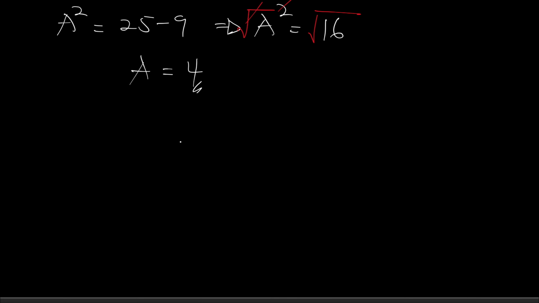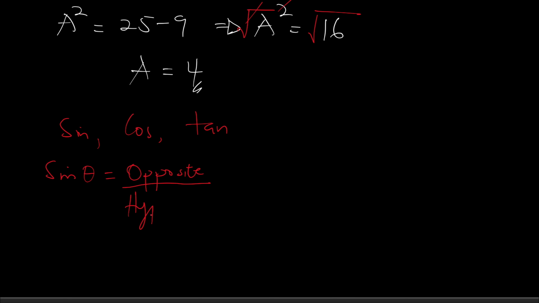So now we know our 3 basic trigonometry functions, which is the sine, the cos, and the tan. And we know that sine of theta is equal to opposite over hypotenuse.